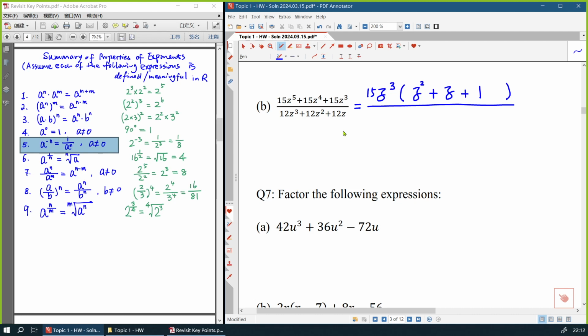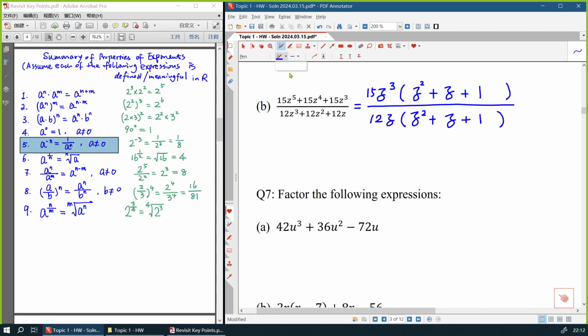Jacob, yeah, you can answer. The denominator will be 12z times z squared plus z plus 1.